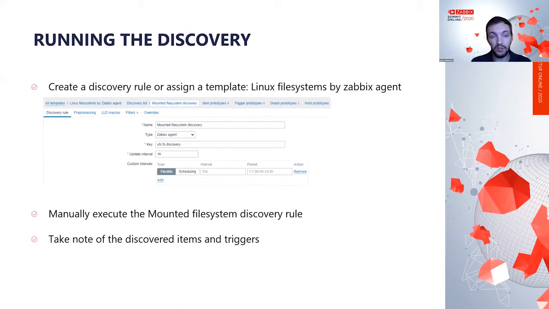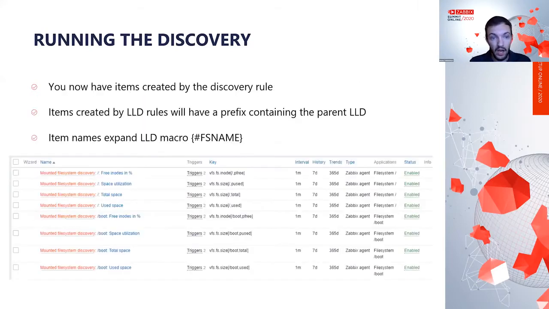We're going to assign this template to a host, and we will run it. After we run it, we will note that all of the entities, and specifically the items specified by our low-level discovery item prototypes, have been automatically created, and they are automatically getting monitored right away.